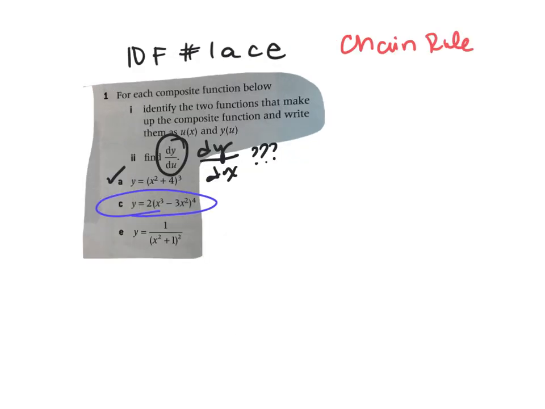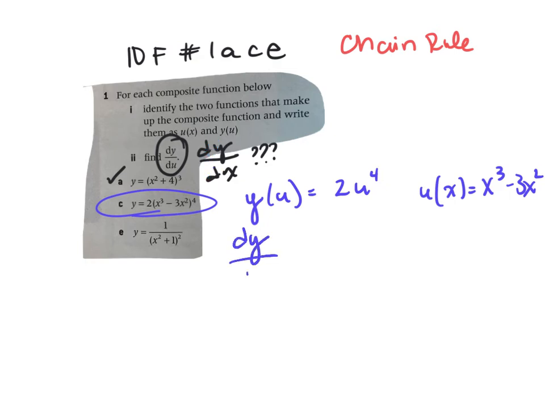Okay, for c, our outer function here is y of u, which will get us 2u to the 4th, and then u of x would get us x cubed minus 3x squared. I'm again going to solve this for dy/dx, so I'm going to get the derivative of both.